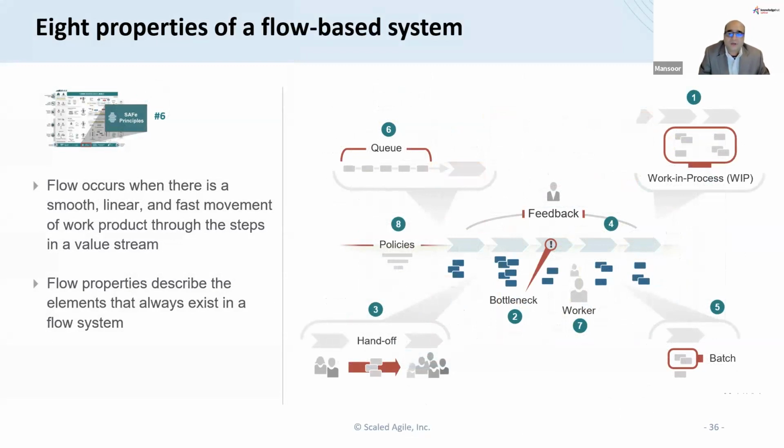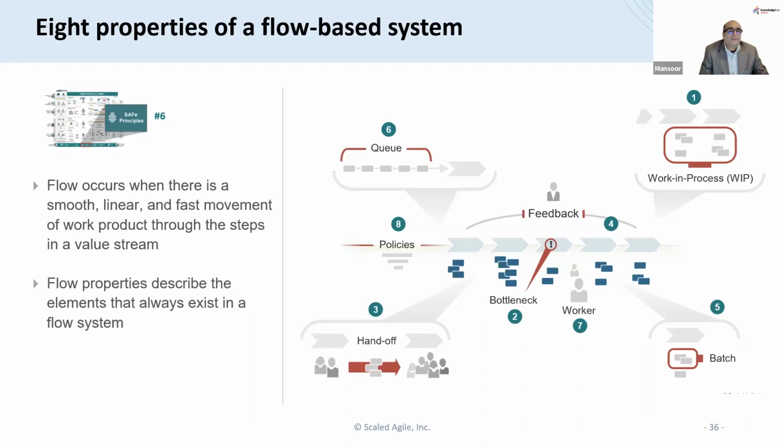It's important to point out SAFe is a flow-based framework, whether it is teams delivering stories in iterations or epics progressing through the portfolio. We therefore ask ourselves what does flow mean, and how do these properties in batch size and processes work to improve flow?